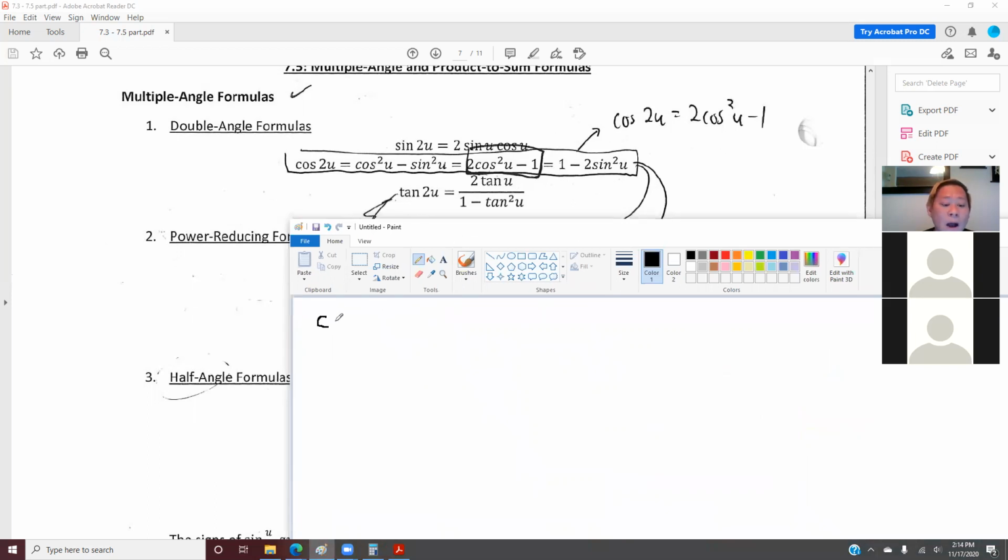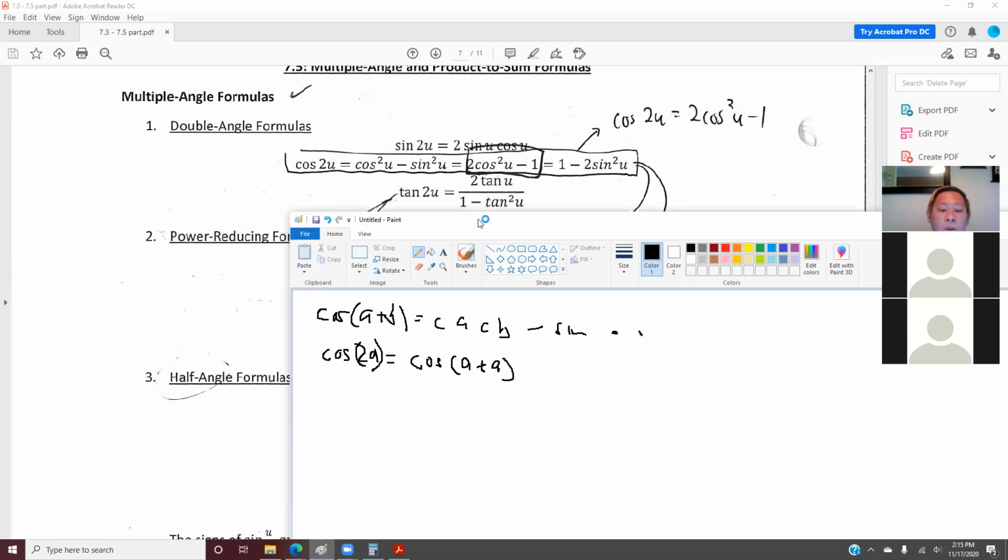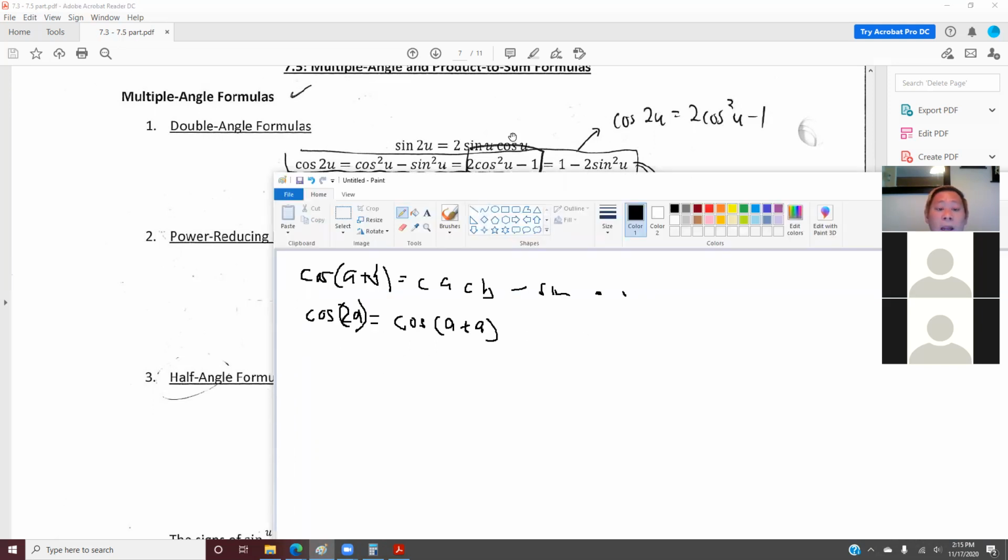So remember, cosine A plus B is cos A cos B minus sine A sine B. What happens when you have a double angle? It means you've got cos 2A, which is the same thing as cos of A plus A.